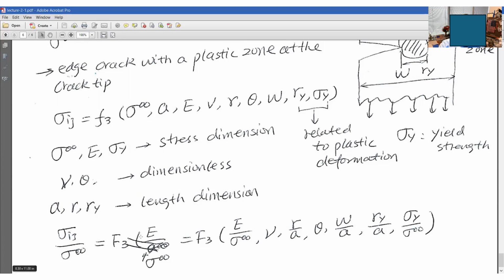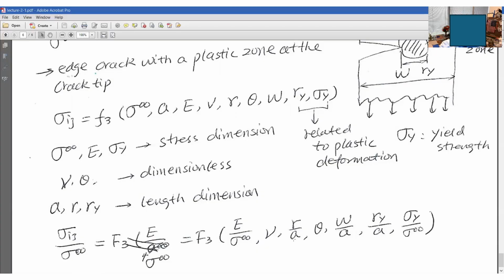As a result, all other variables can be made dimensionless, and based on the pi theorem I will just talk about, the result will be sigma ij over sigma infinity equals capital F3 of E over sigma infinity, because these two have the same dimension, right? And nu is dimensionless itself, and we don't need to take care of it.